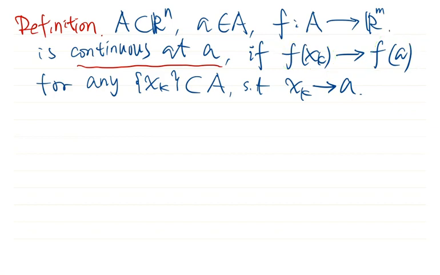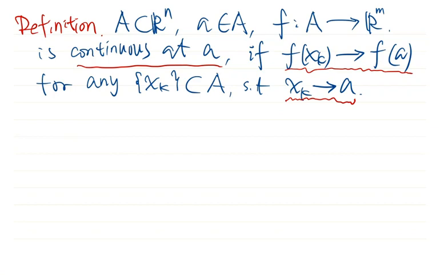Secondly, we have already studied the convergence of a sequence in Euclidean space. Therefore, x_k converges to a and f(x_k) converges to f(a). Both these two convergences make sense. Okay, so everything in this definition makes sense.